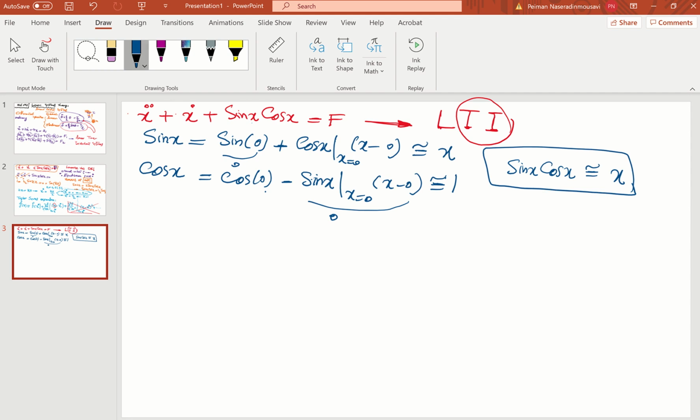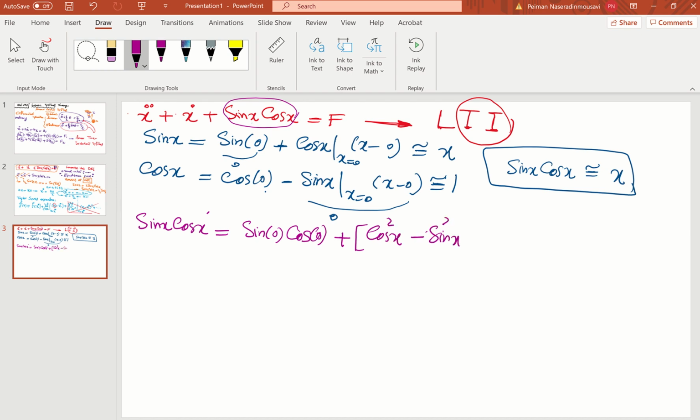Now you're going to tell me, Payman, you know what, I'm going to take this as the term too. So sine of x, cosine of x is equal to sine of 0, cosine of 0 plus cosine of x minus sine of x, first time derivative. I'm sorry, so it's going to be cosine of x square minus sine of x square.